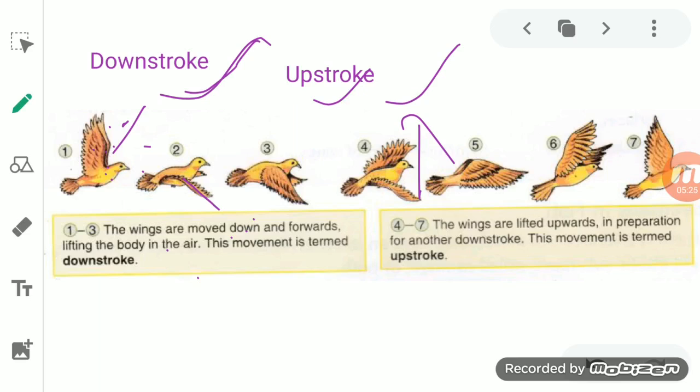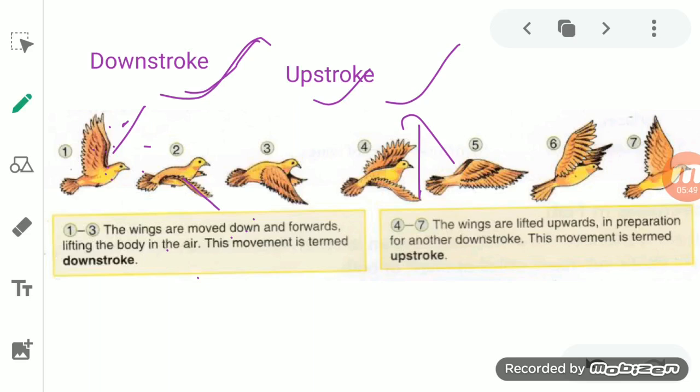Now when the bird's wings push the air in the backward direction, that air which is going backward also pushes the wings in the forward direction, just opposite to that. Okay, and due to which the bird is able to move forward.